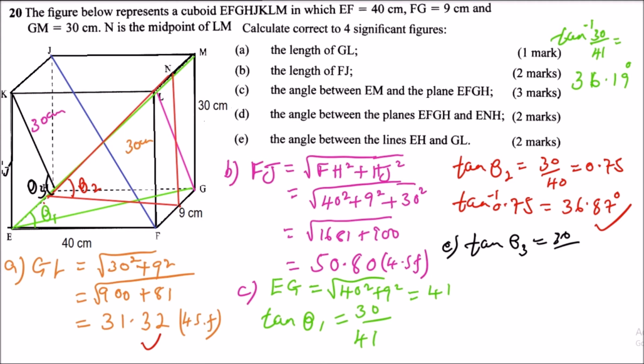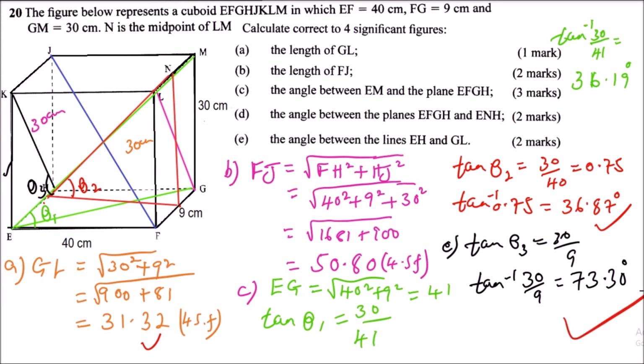So you get tan inverse of 30 over 9, which should give you 73.30 degrees, and that is the angle between the line EF and GL. And that is how you work out that question.